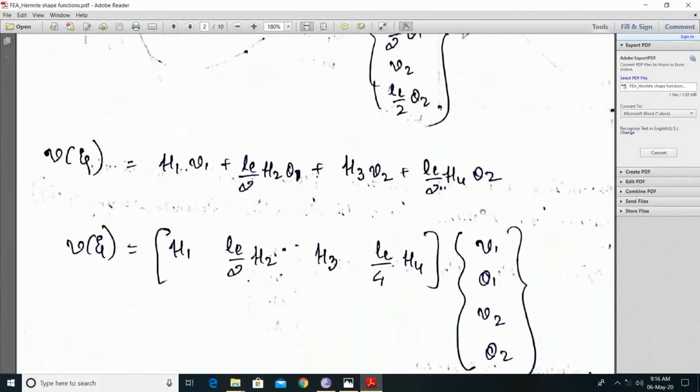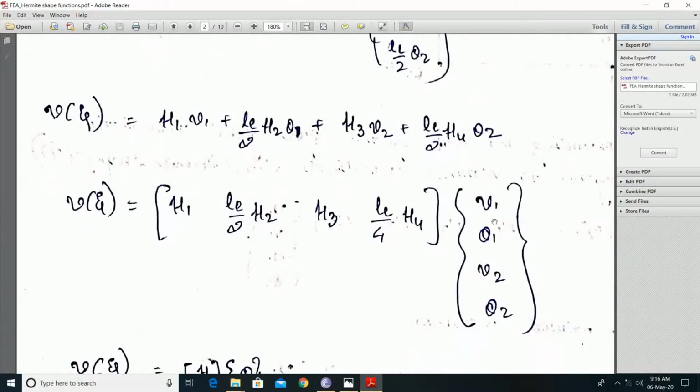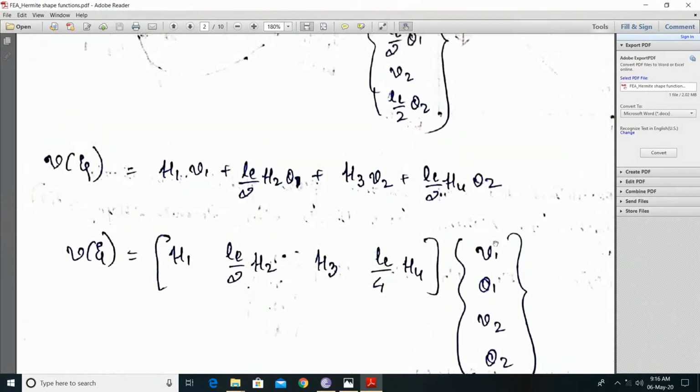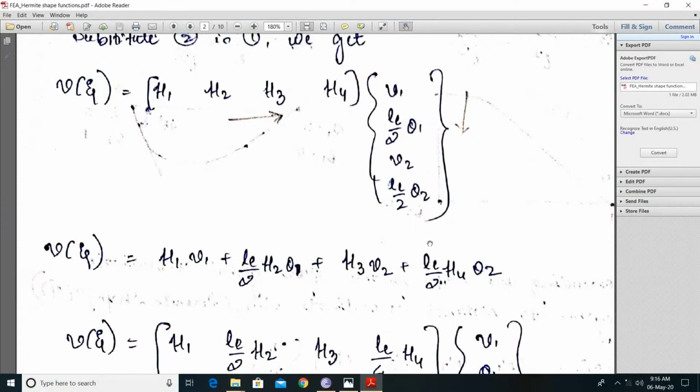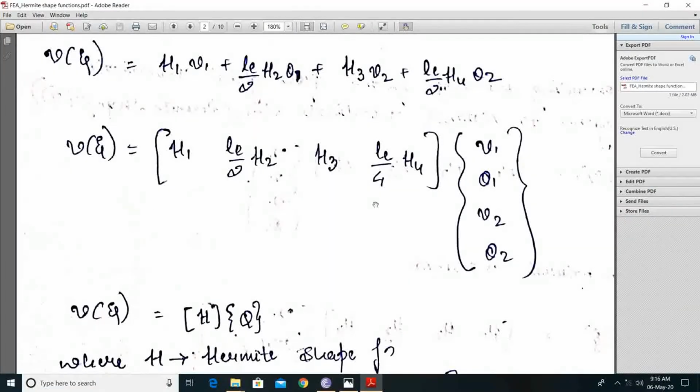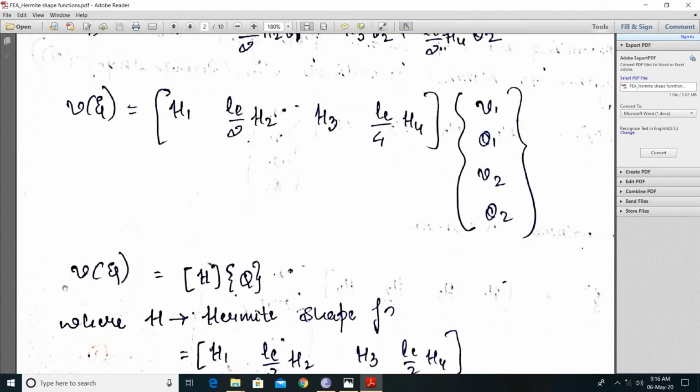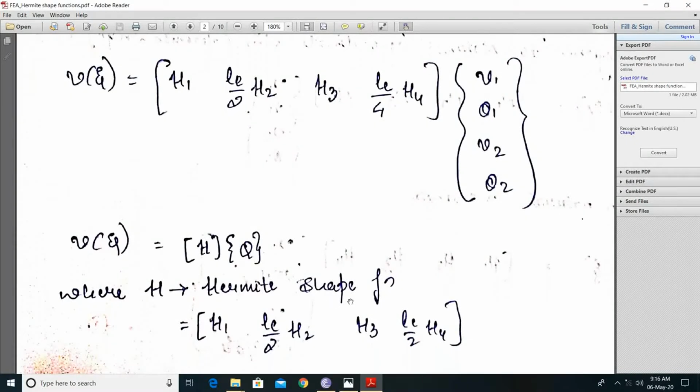So again writing this expression in matrix form, we need to have the displacement matrix here. So in short, we will be writing it like this: v of xi equal to H into q, where H is the Hermite shape function and q is the displacement matrix.